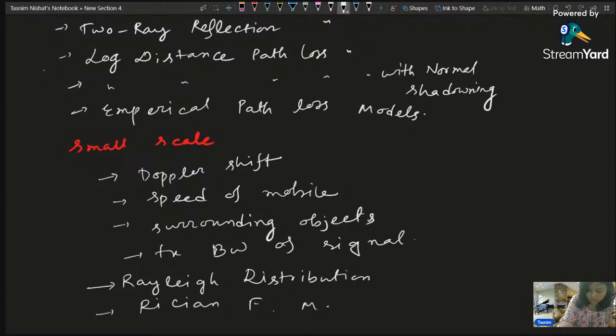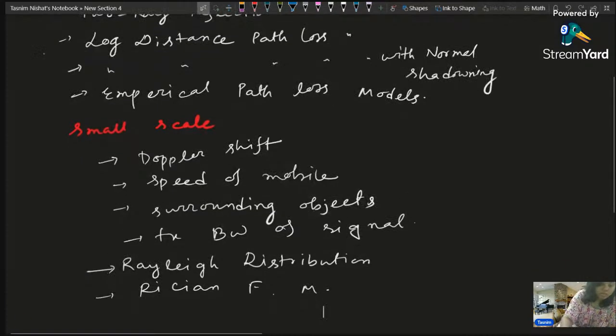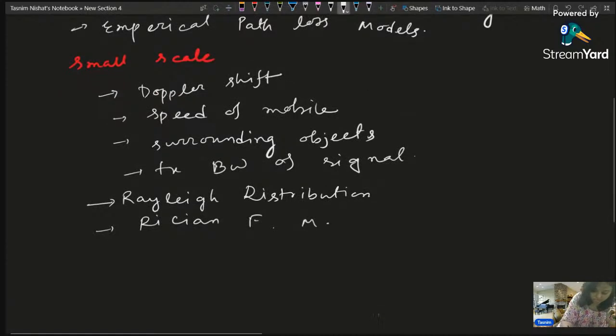And we need some general definitions for these, which are autocorrelation and convolution.